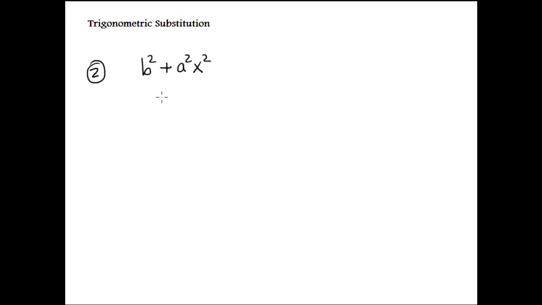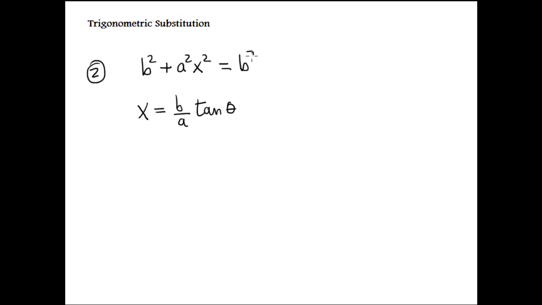In this case, it's different because we have no radical and we have a plus. When you identify this kind of expression, the trigonometric substitution is x equal to b over a tangent theta. Let me substitute.